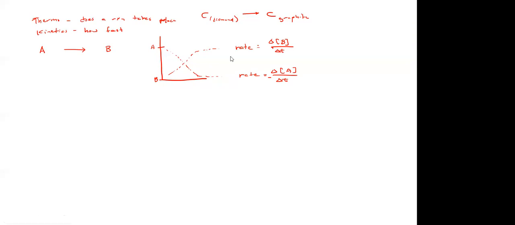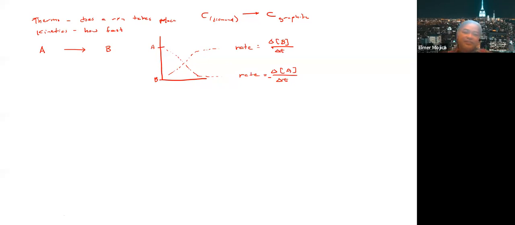Since it is decreasing, your initial concentration is higher than your final concentration. If you don't have the negative sign, you're going to have a negative value, but there's no such thing as a negative rate. So to keep it positive, you multiply it with a negative sign. The rate has a negative sign in the change in the reactant concentration per unit time because the reactants are consumed in the process while the products are produced.